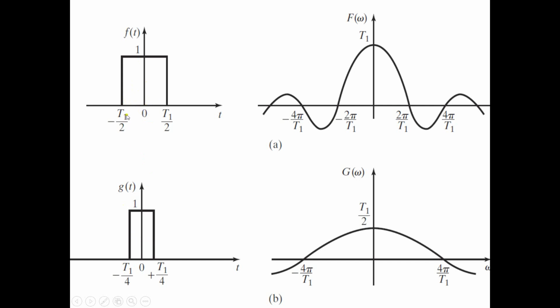So we will have minus T1 over 4 from one side and T1 over 4 from the other side. What is happening to the Fourier transform of g(t)? When we compress in time, we have a dilatation, an expansion of the spectrum in the frequency domain.